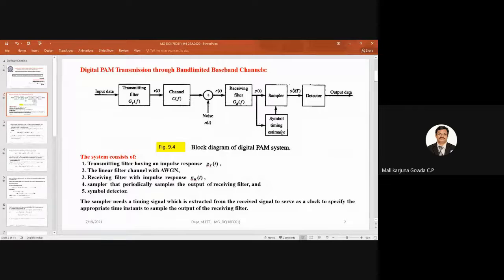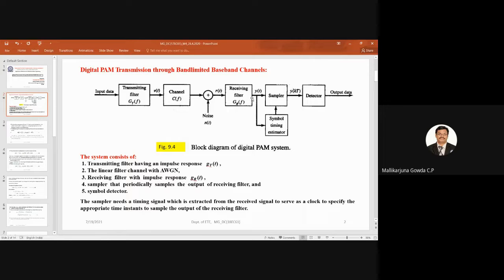And here a symbol timing estimator is there. It has to sample at t equal to the symbol duration, t equal to t naught, and that will be estimated by the symbol timing estimator. The sampler needs the timing signal, which is extracted from the received signal, to serve as a clock to specify the appropriate time instance to sample the output of the receiving filter.